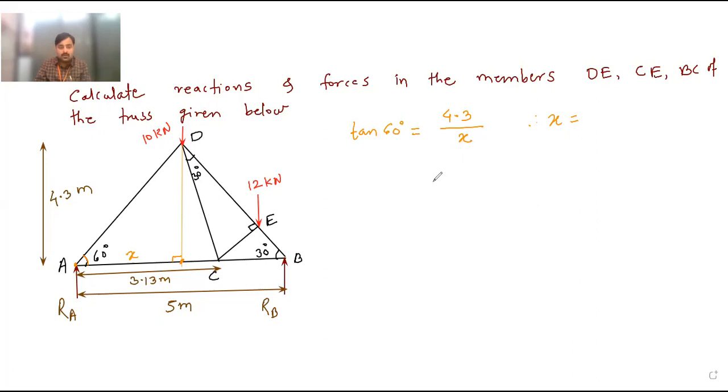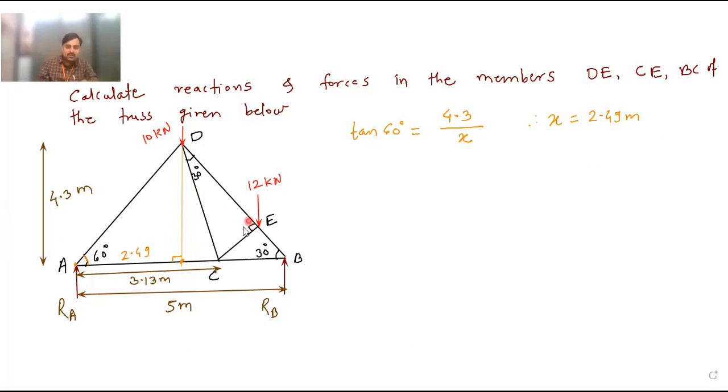How much? 2.49. Okay. So 2.49 meters. So this distance is 2.49. So now we know x. Now I will erase this x and write 2.49 there. So one distance is now known to us.